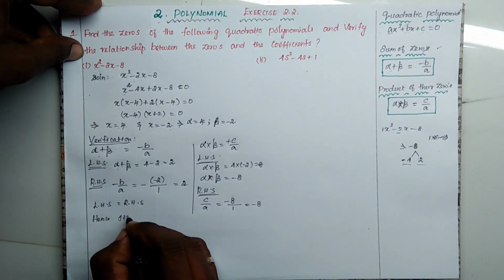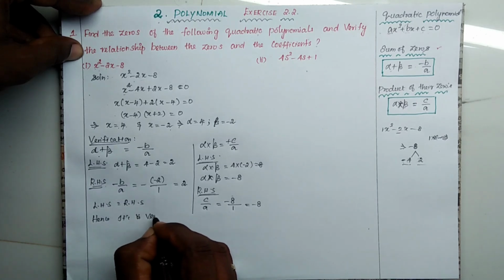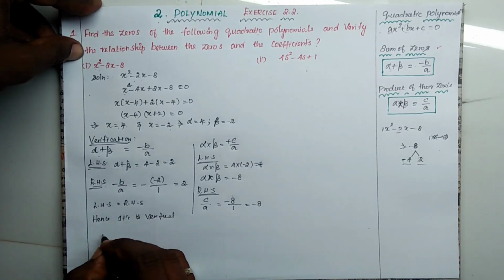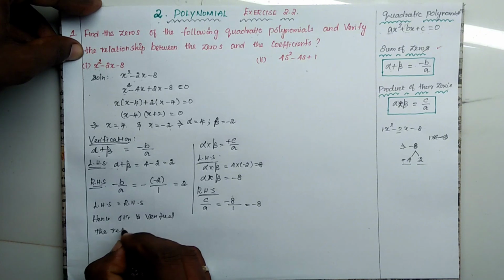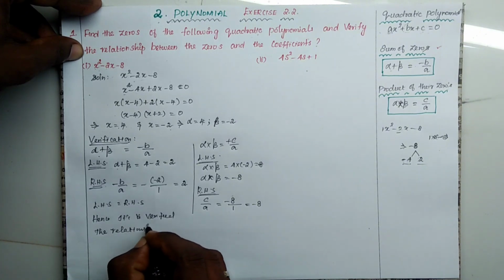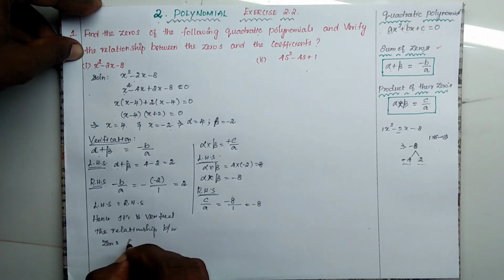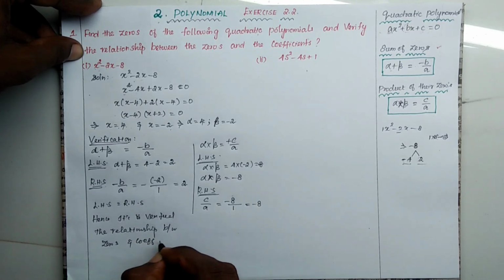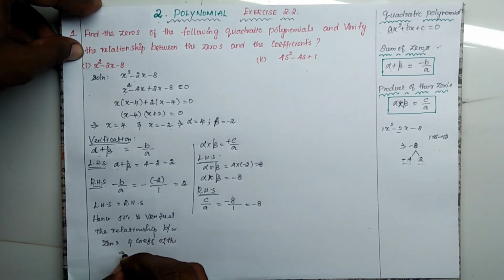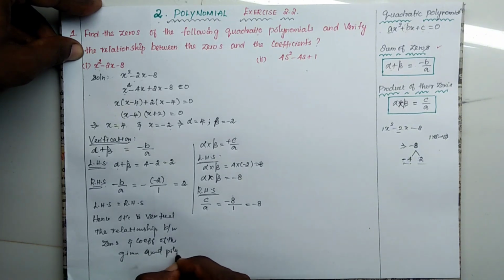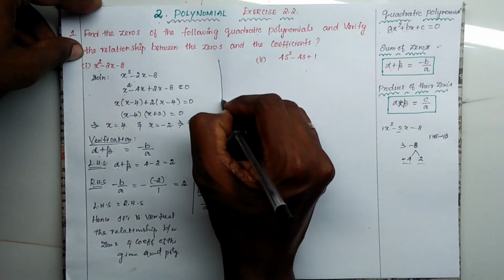Finally, hence it is verified the relationship between zeros and coefficients of the given quadratic polynomial. Write it that way. Now the second one we are going to see.